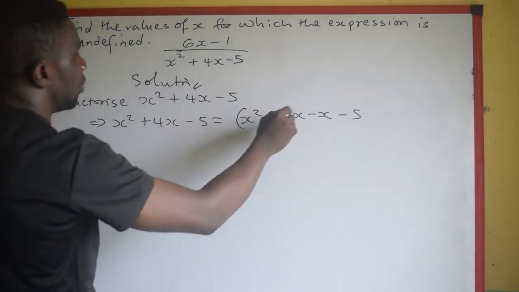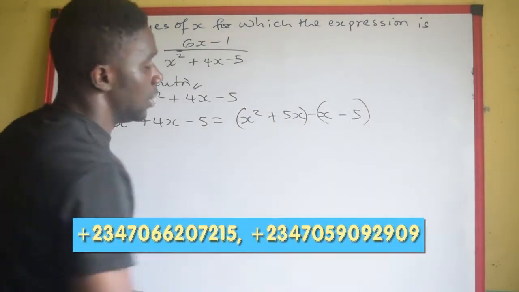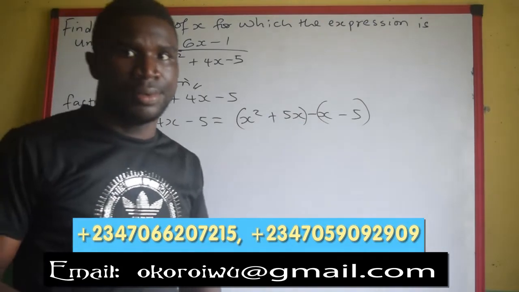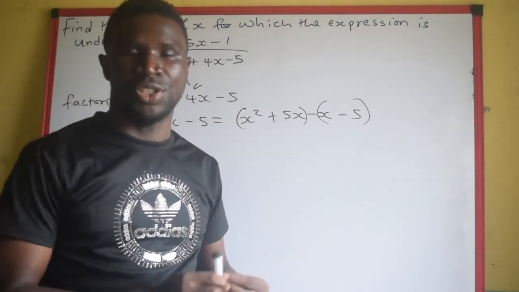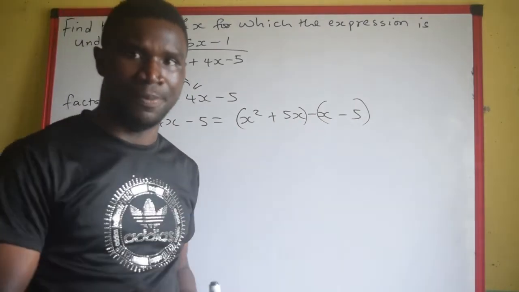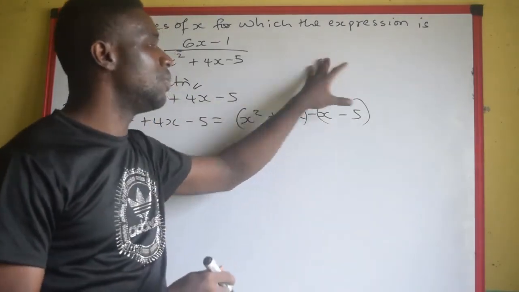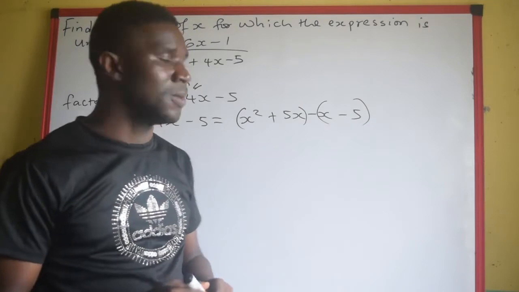Now we are going to cover it with brackets. I'm not going to explain how I derive this. This is not a factorization problem. When we get to factorization problems, I will explain it.